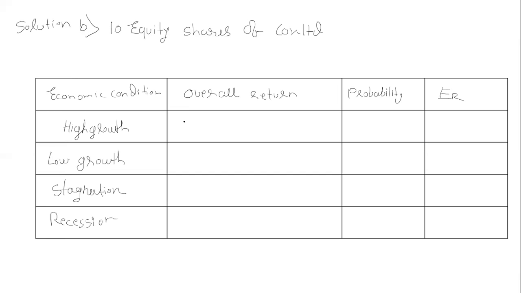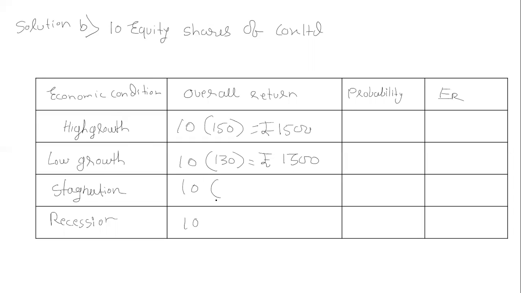So we know the 10 shares we are having with us in all cases, and in the first case it is 150. So here we will be earning rupees 1500. Okay, in the second case it is 130. So we'll be earning rupees 1300.